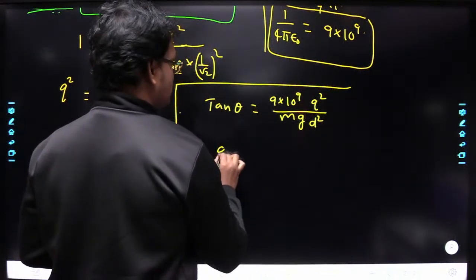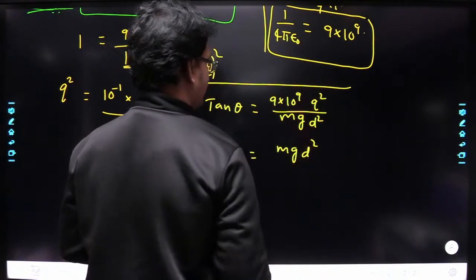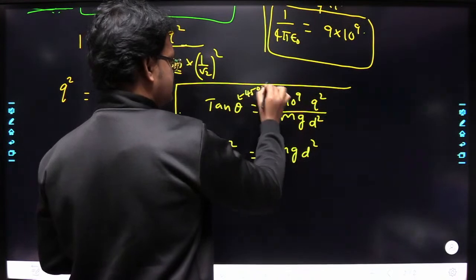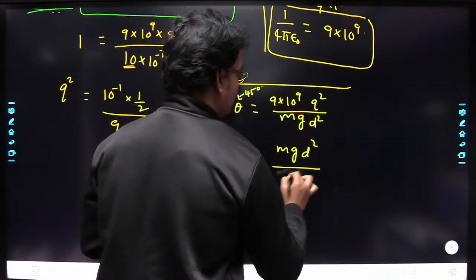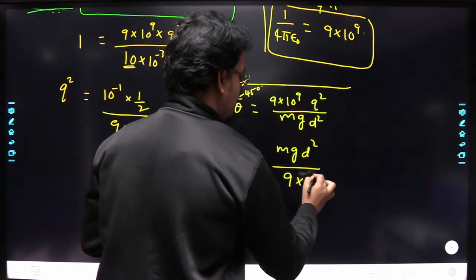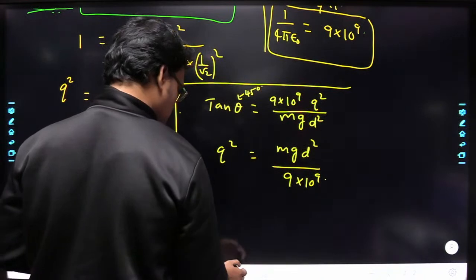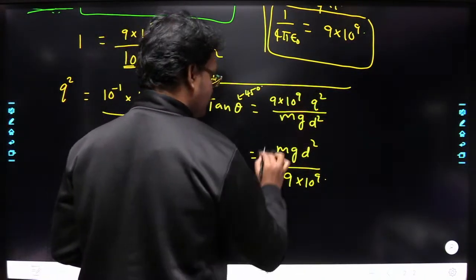Okay, so q square is equal to m g d square. Here I am substituting theta equal to 45 degrees, sending this term to this side. So you will get m g d square divided by 9 into 10 power 9. So q is equal to the square root of this one.